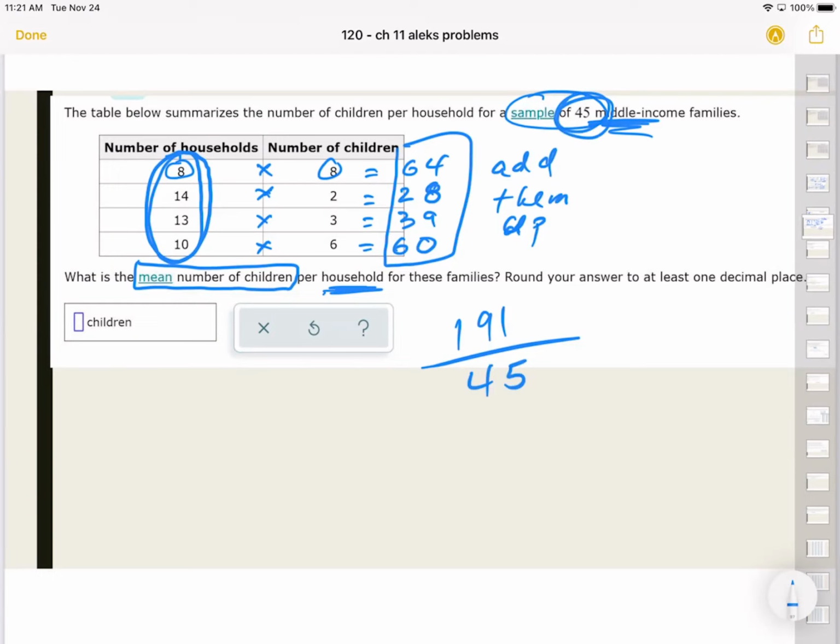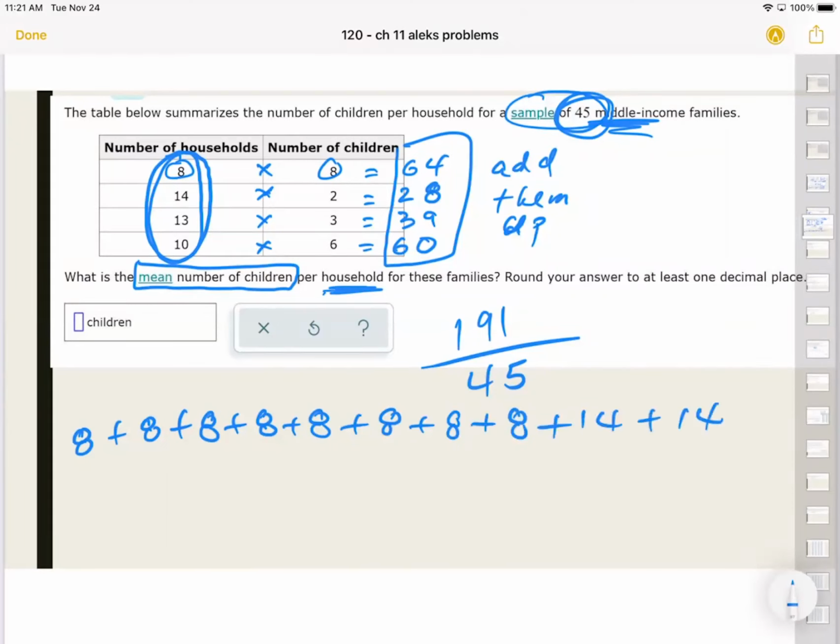So this thing here, instead of saying 8 plus 8 plus 8 plus 8 plus 8 plus 8 plus 8, 8 times, and then plus 14 plus 14, instead of adding them individually, we just multiply them, because multiplication is a shortcut to addition, right?